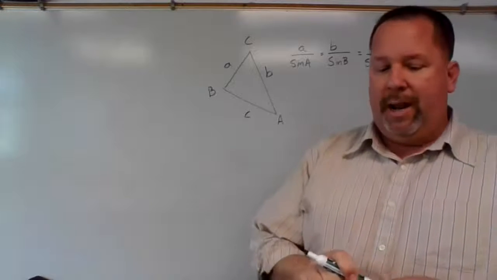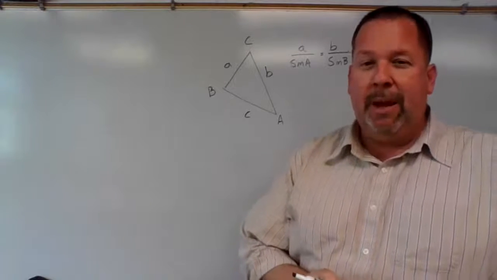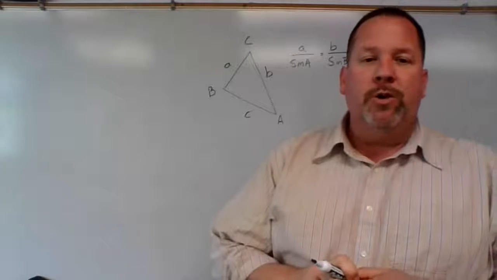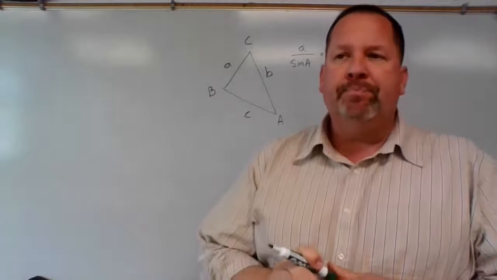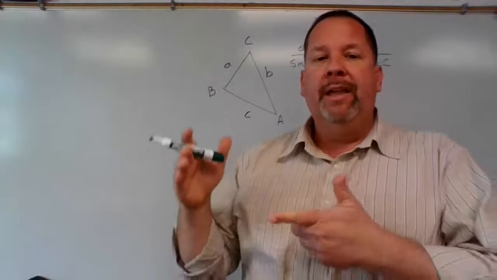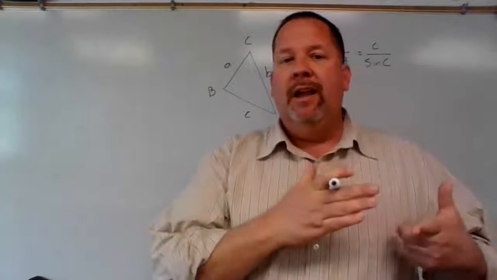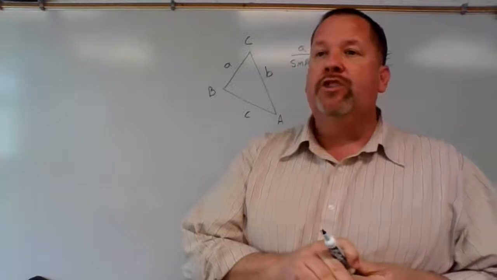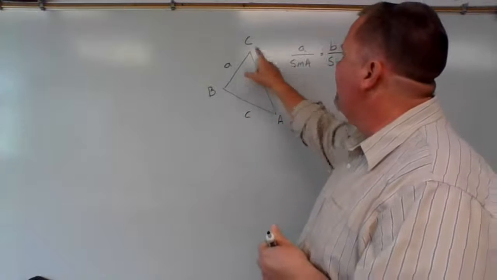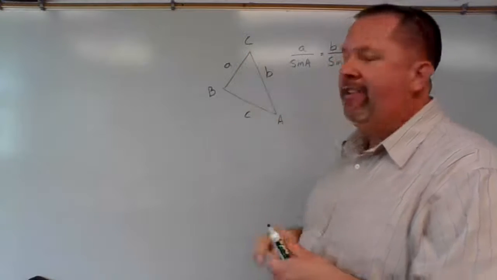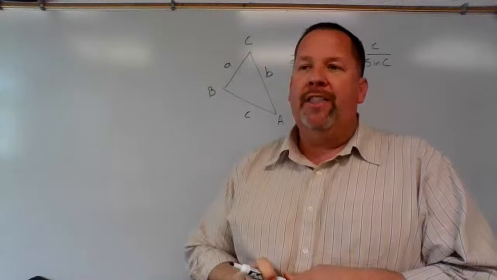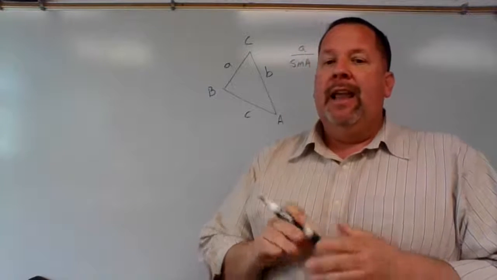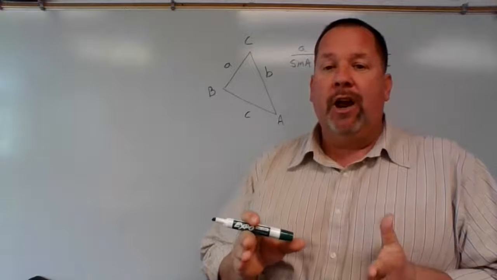Now, a quick visit back to our geometry days. Maybe some of you did this, maybe some didn't, maybe you remember it or you don't. We used to have to prove that one triangle was congruent to another triangle. Rather than show every single side and every angle, it turns out that if I just had a few of those bits of information, it had to be that these two triangles were congruent.